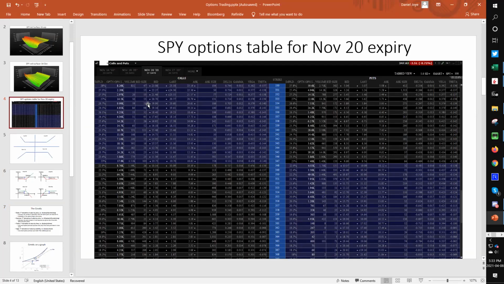If you don't want to be called away or assigned, you can figure the probability of being out of the money at the finish in a column, and select the area that you want.